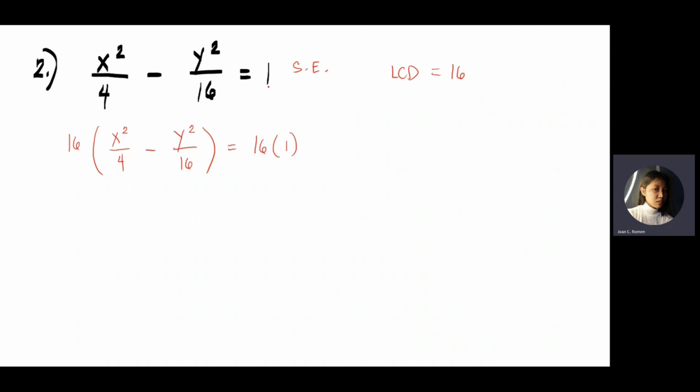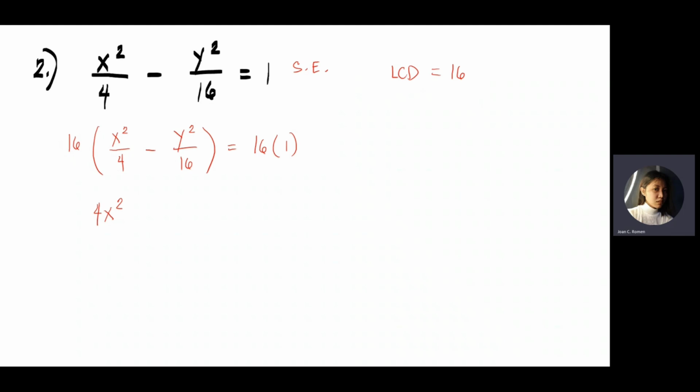Okay, so since meron tayong 1 dito sa right-hand side. Okay, so next is simplify. So 16 divided by 4 is equal to 4, okay? So 4, then multiply by x squared, and that is 4x squared.